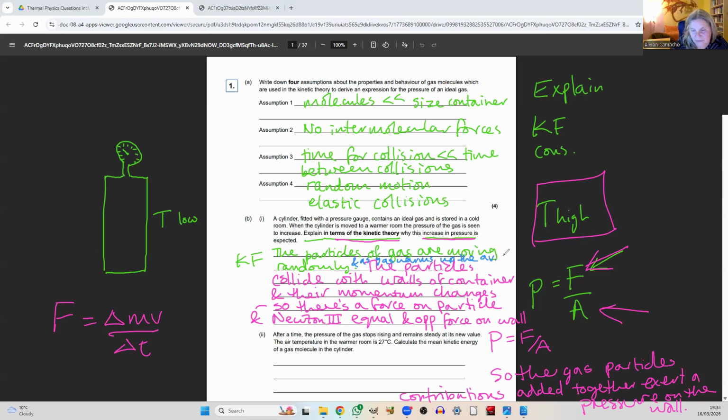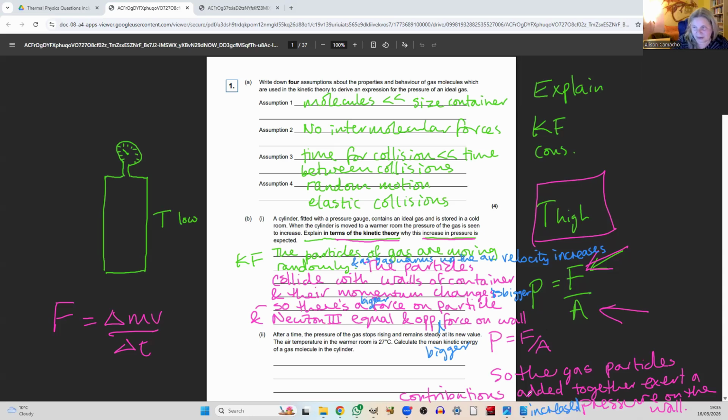As the gas warms up, the average velocity increases. They collide with the walls of the container and their momentum change is bigger. So there's a bigger force on the particle and a bigger force on the wall, which means that the pressure increases.